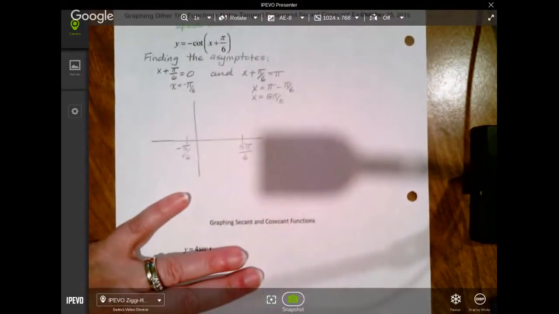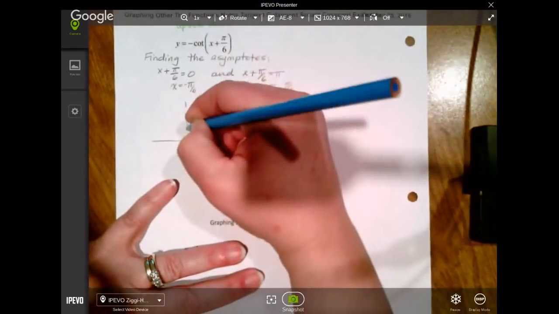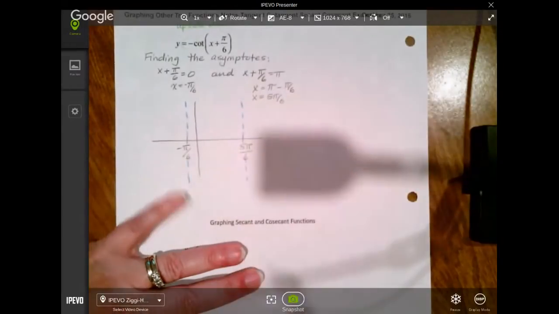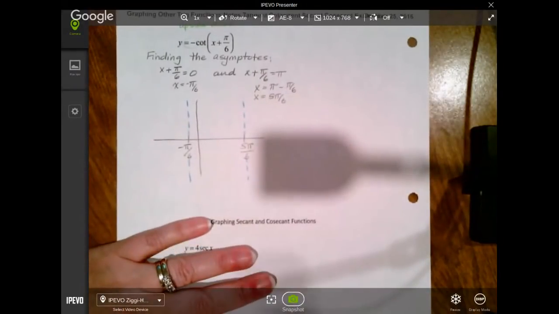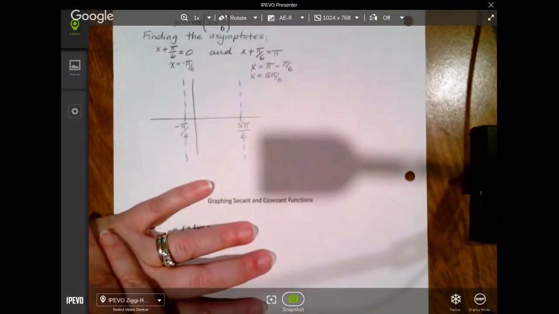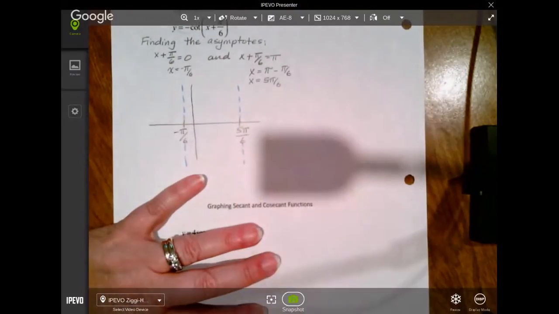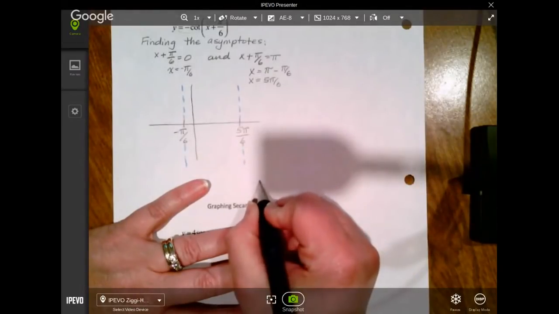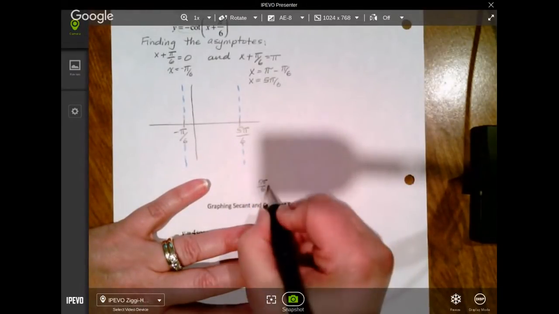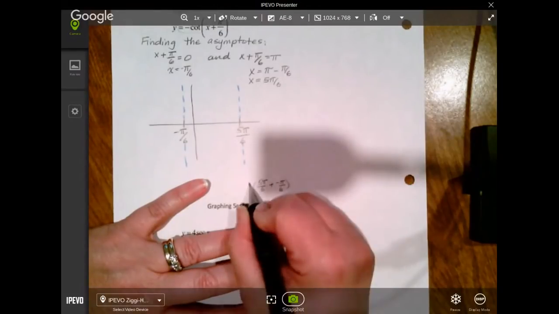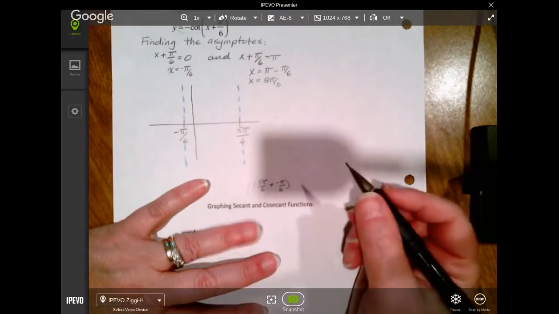And now what I'm going to do is put the asymptotes down. Now I have to figure out what the middle point is. Well, what do we do to figure out the middle point? We just average where the two asymptotes are. So we would say 5 pi over 6 plus negative pi over 6, divided by 2, which is the same as multiplying by 1/2.